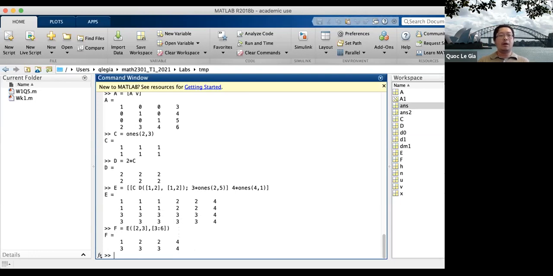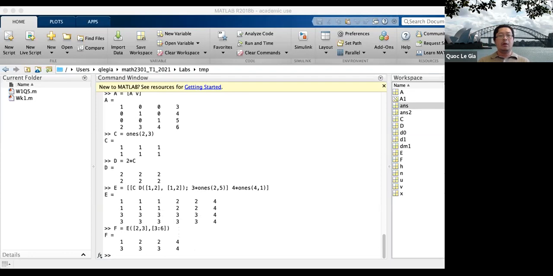So maybe there's time for one more small question. Okay, so compare the linspace and the vector construction.